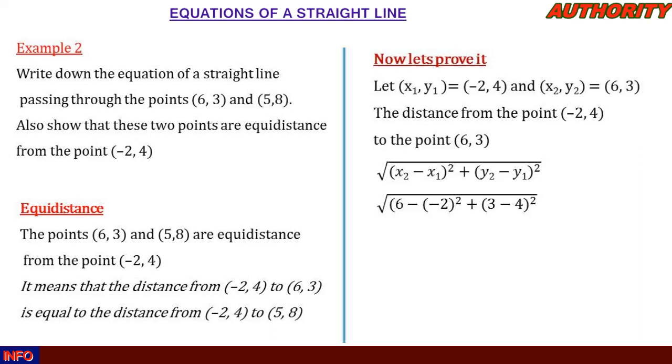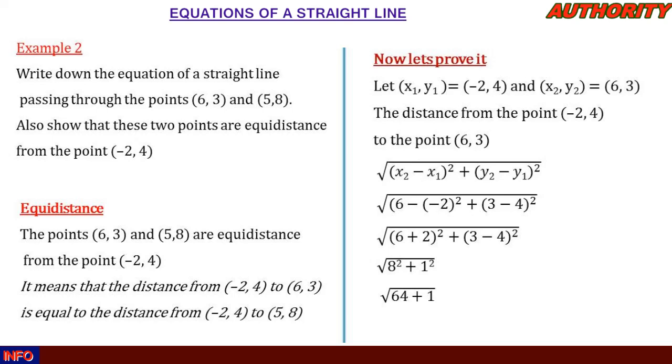Here we have 6 minus minus 2, which gives us 6 plus 2, which is equal to 8, all squared, plus 3 minus 4, all squared. So we have 8 squared, and then 3 minus 4 gives us minus 1, so minus 1 squared. 8 squared is equal to 64, and minus 1 squared is equal to 1.